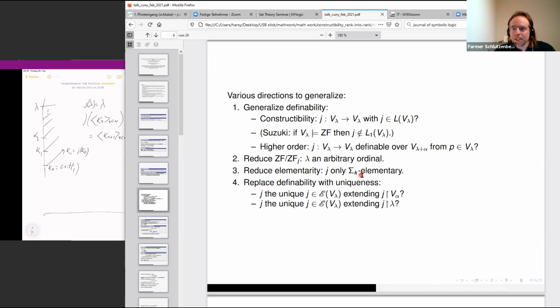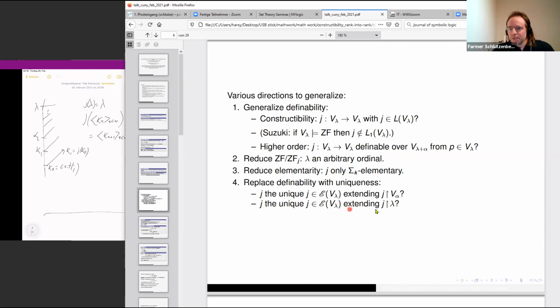Third, we can reduce elementarity, so look at partially elementary maps instead of fully elementary, but with similar questions here. And then aside from definability and so forth, we can also look at uniqueness instead. We can ask, is J the unique elementary embedding with some property, such as extending some initial segment of itself, some V alpha with alpha less than lambda?